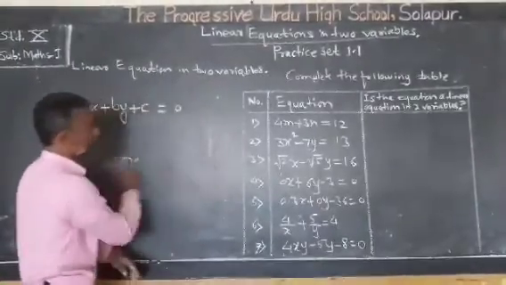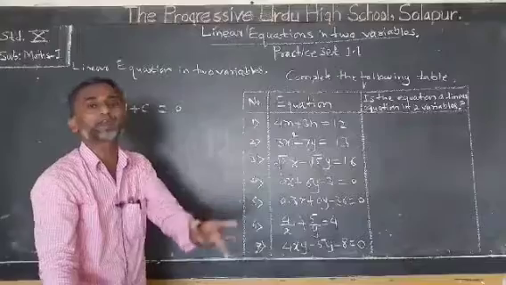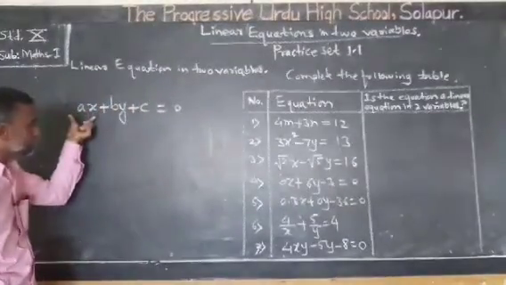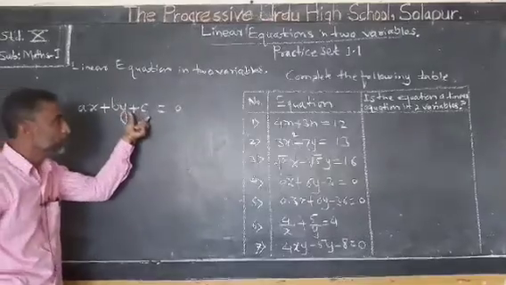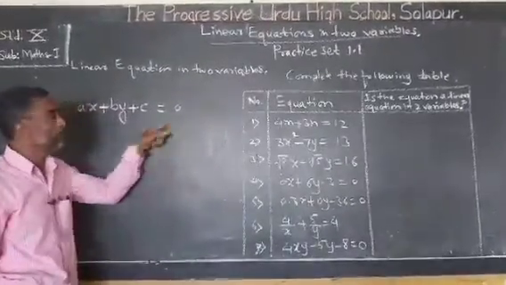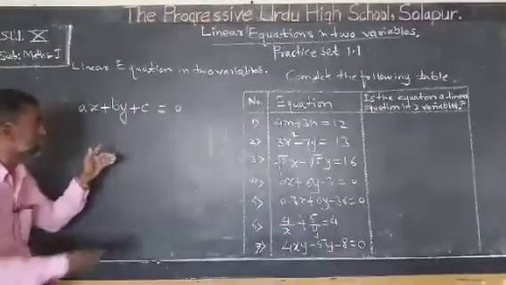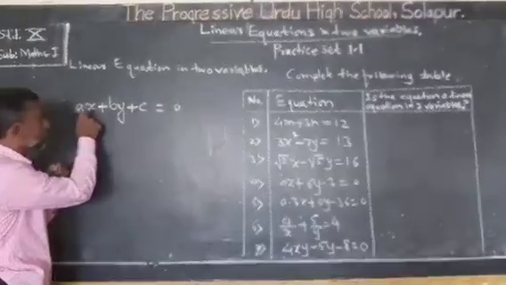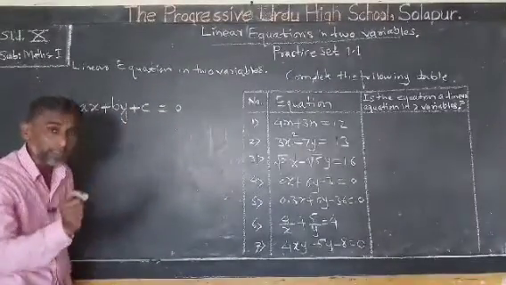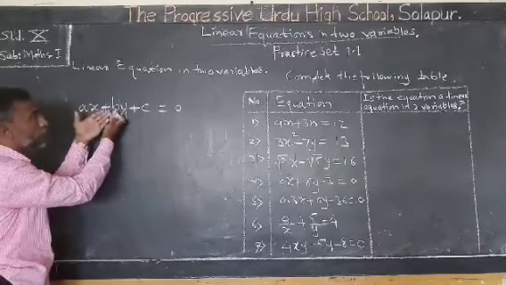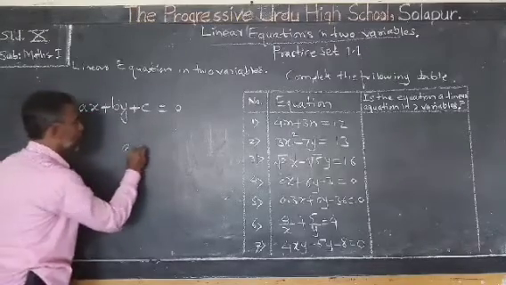Now, what is the general form? What is the standard form of a linear equation in two variables? Ax plus by plus c is equal to 0 is the general form of a linear equation in two variables, where x and y are the variables and a, b, c are real numbers, and at the same time the values of a and b should not be equal to 0.